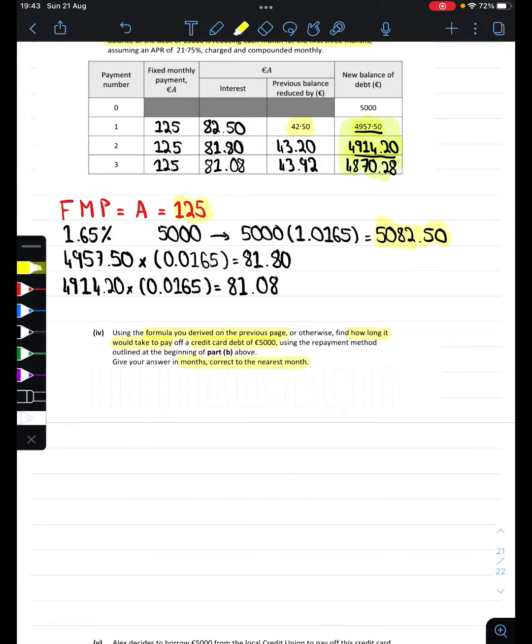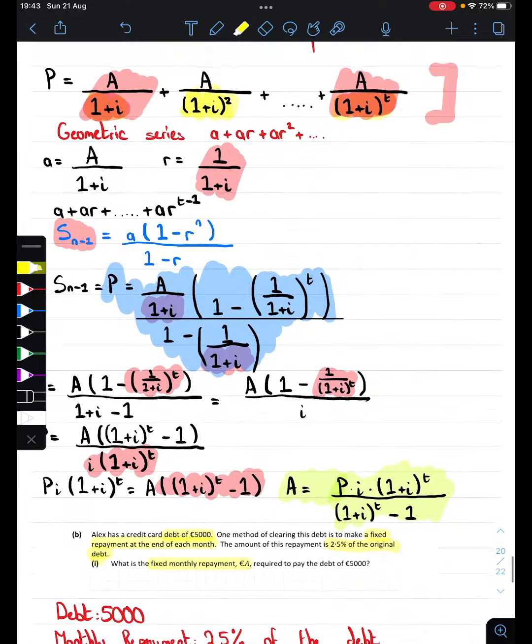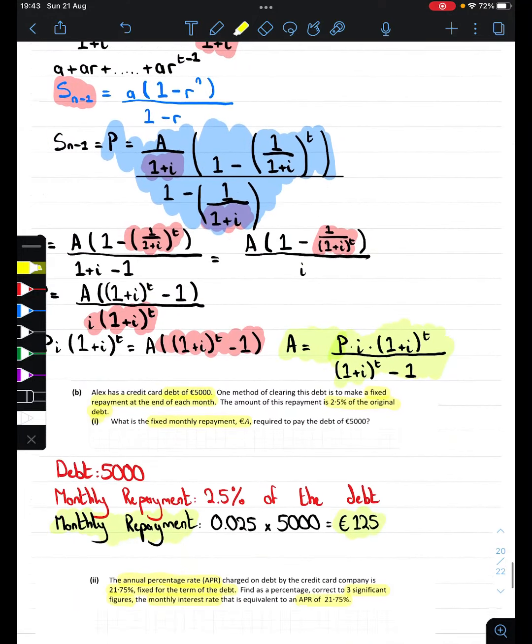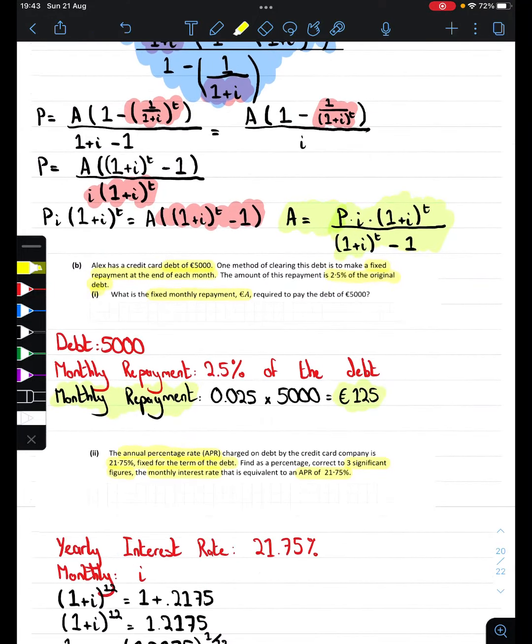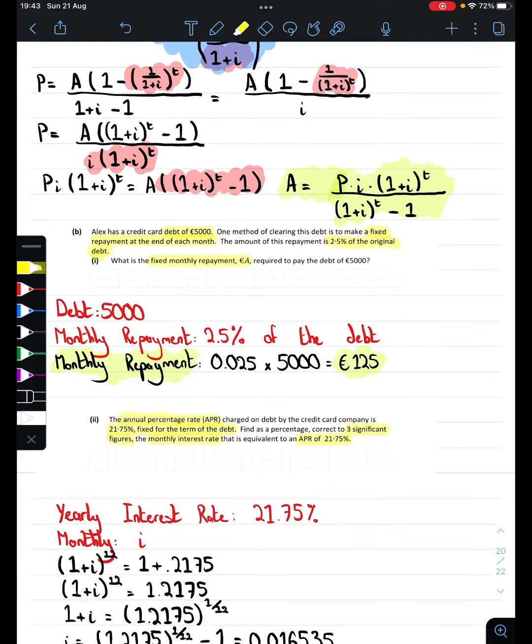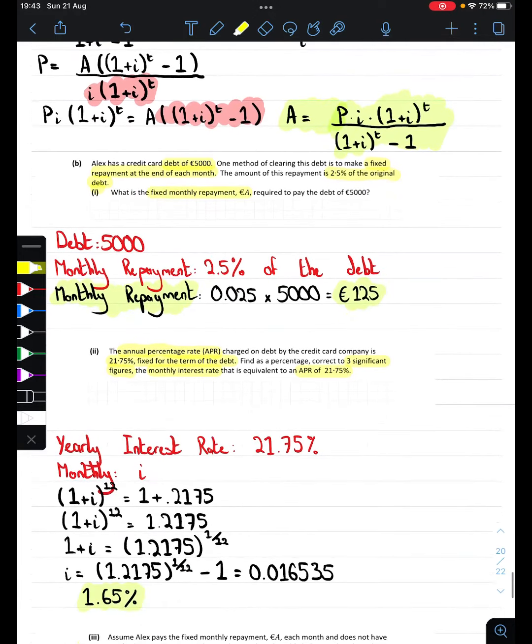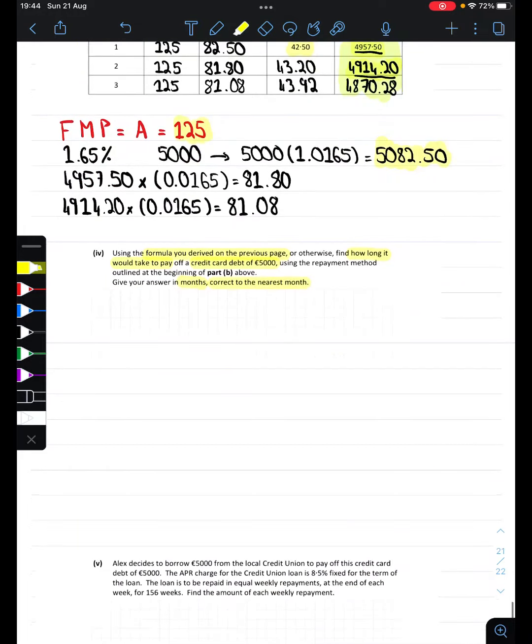Okay, so the formula that we derived on the previous page was A equals P times I times (1 plus I) to the T over (1 plus I) to the T minus 1.